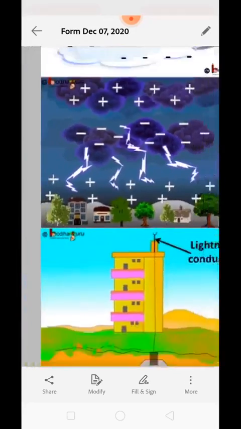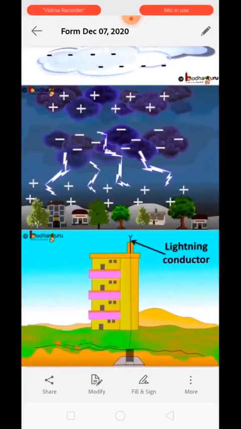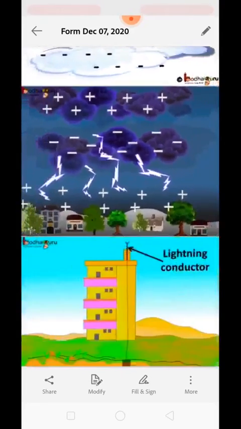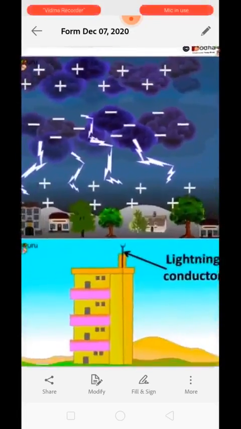The positive charge is equal to the negative charge.